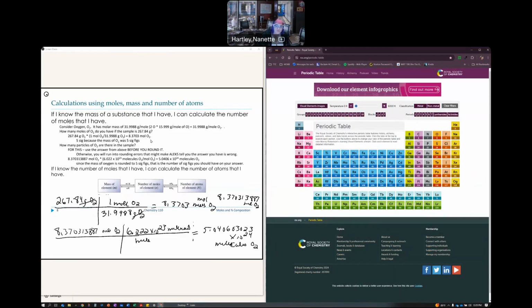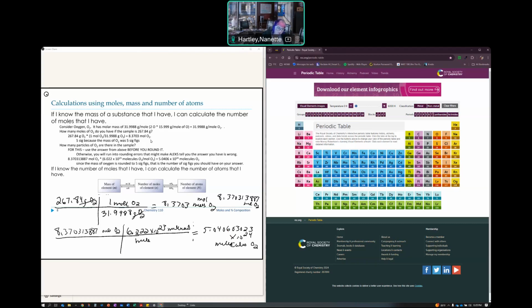Okay. Which is that lovely number that I've reported there. When I truncate that to 1, 2, 3, 4, 5 sig figs, then I get the number that is reported, 5.0406. So I have the number of moles and atoms.